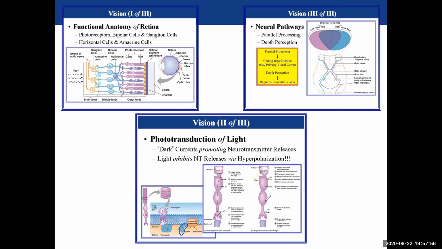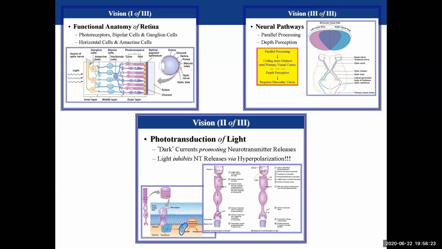When the membrane hyperpolarizes, it cannot activate the voltage-sensitive calcium channel, so there's no calcium influx, less neurotransmitter released, less graded potential produced by the bipolar cell, less graded potential generated by ganglion cells, less action potential. So a decrease in signaling allows us to perceive light.